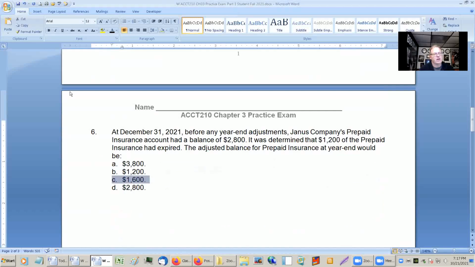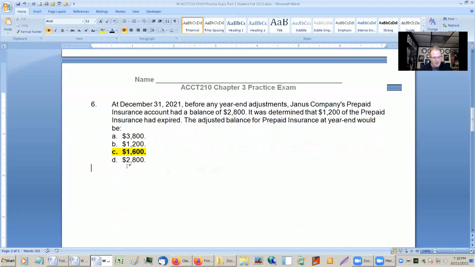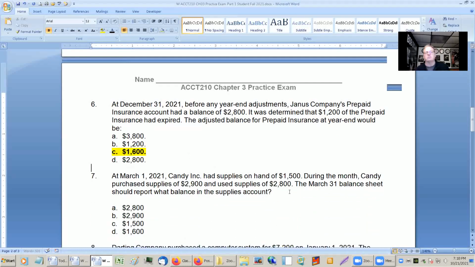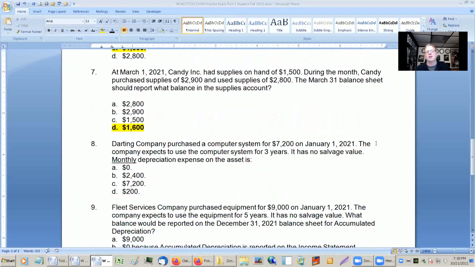Six, C is correct. 7 is missing. Okay, 7. 7 is D, that is correct. 8 is D. This one's tricky, because this is the monthly.